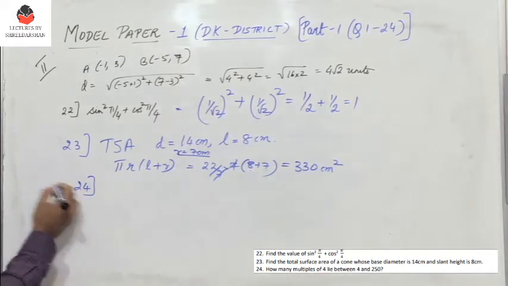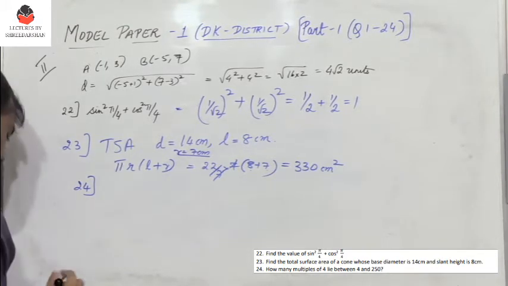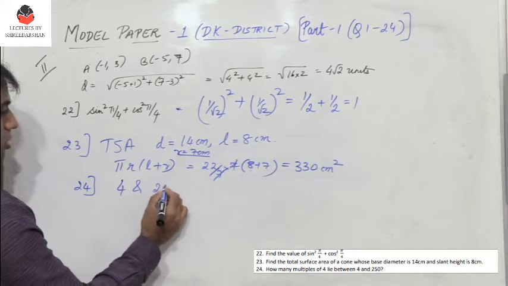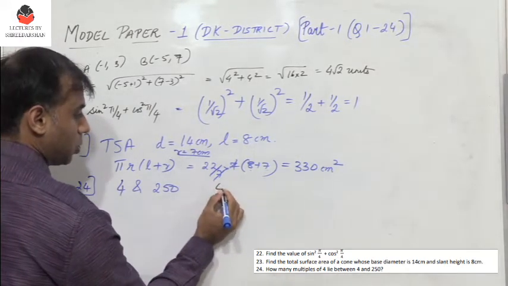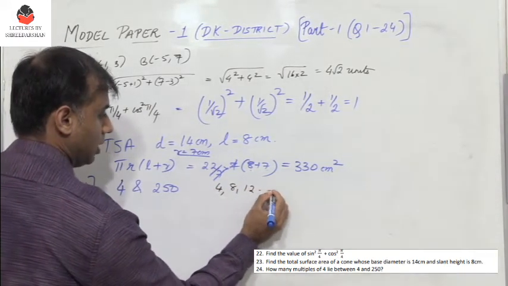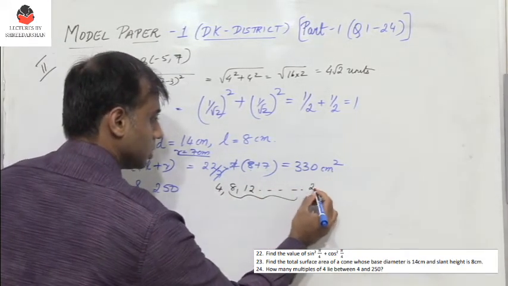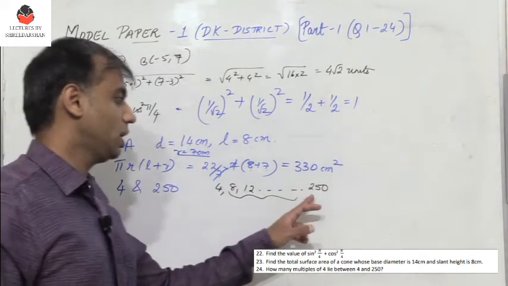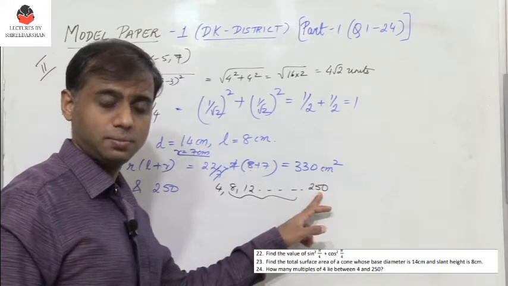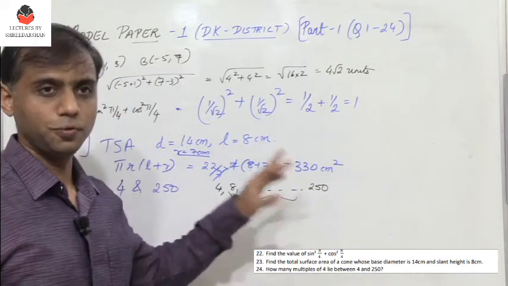24th one is an interesting problem. How many multiples of 4 lie between 4 and 250? So how many multiples are there? So I have the arithmetic progression 4, 8, 12 and so on. So between 4 and 250, how many multiples are there? Now first of all, I need to check if 250 is a multiple of 4.